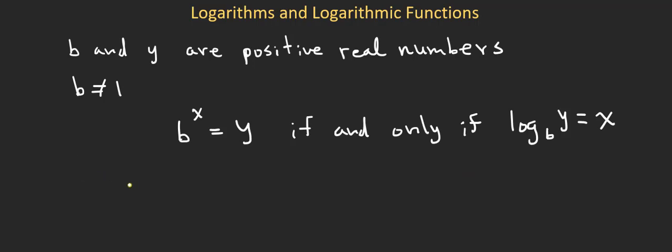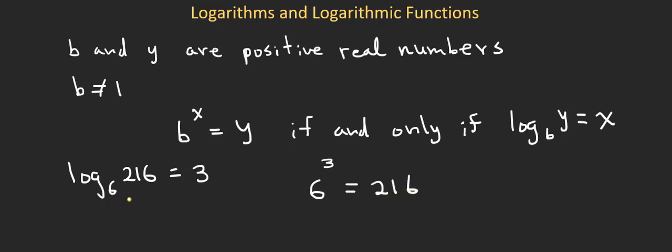So let's say you want to change logarithmic to exponential. Let's say you've got log base b of 216 equals 3. If you want to change that to an exponential, what is the base? The base is 6, and the exponent here is 3, and that will equal 216.